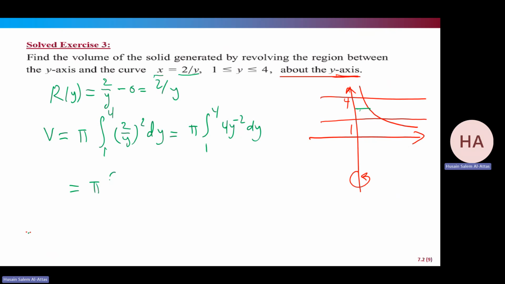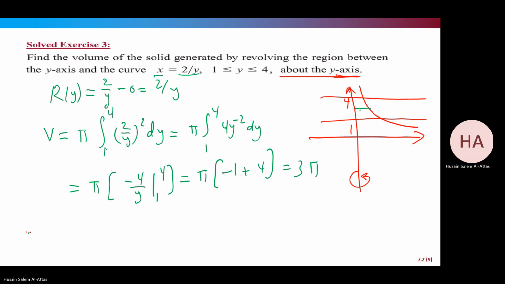That gives me pi, what is this? Minus 4 over y from 1 to 4. That will be pi times minus 1 plus 4. So the answer is 3 pi. Okay.